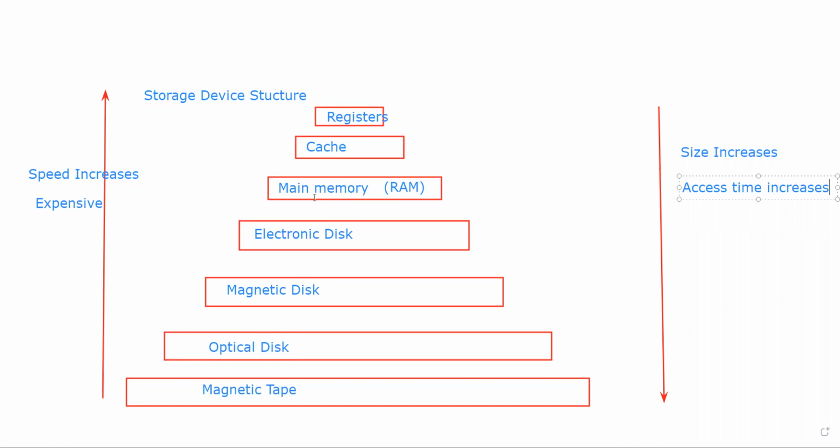One thing I want to explain about this RAM, this register, the cache and the main memory. These three things, I will put a line here. I will erase this one and only erase this bar.